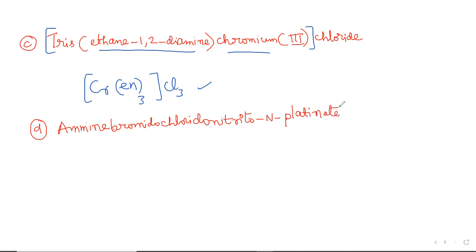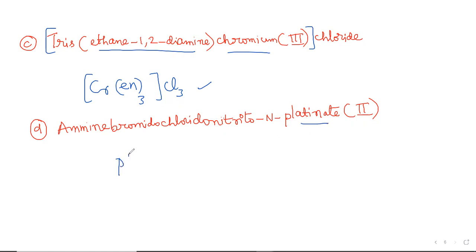They have given platinate, and inside that they have given Roman 2. So Roman 2 means the oxidation state of platinum is 2 in this complex. It is very clear when you observe that there is no break up, it is a continuous name.